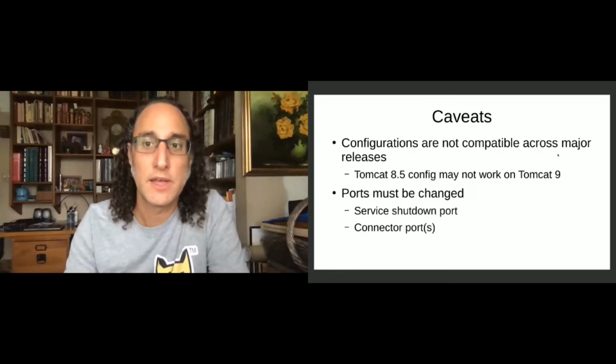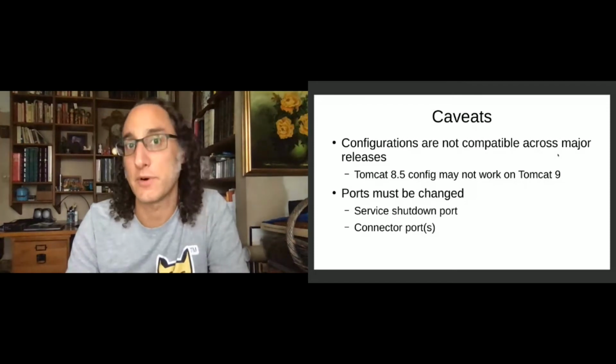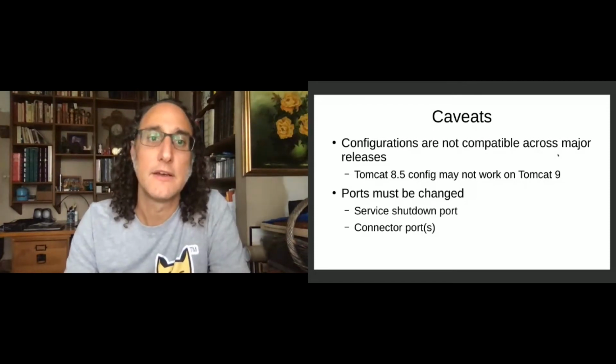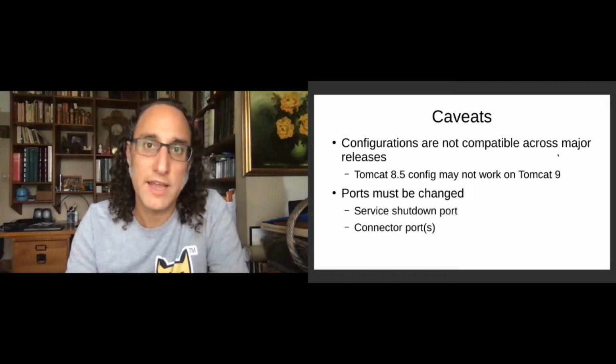Compare those two, and then apply similar changes to the stock server XML from the next version up, for example, Tomcat 9. The other thing that you have to pay attention to is that the ports obviously need to be changed. If you're running 3 applications, they can't all use port 8080 and port 8009.